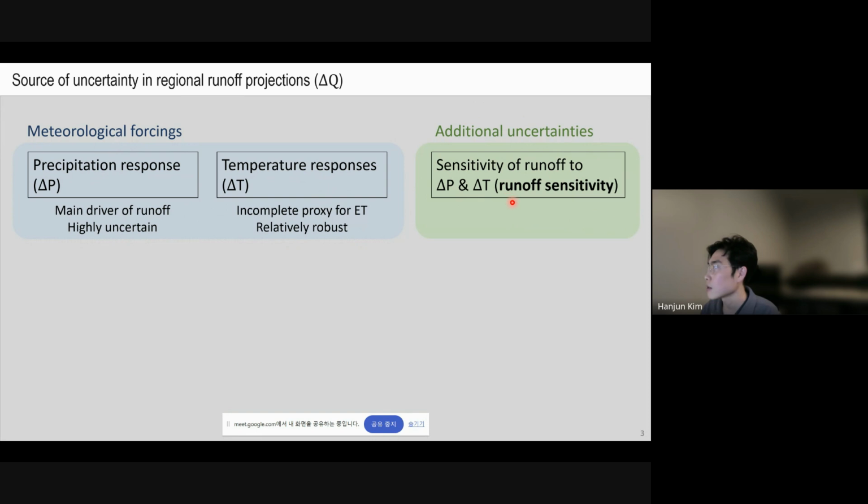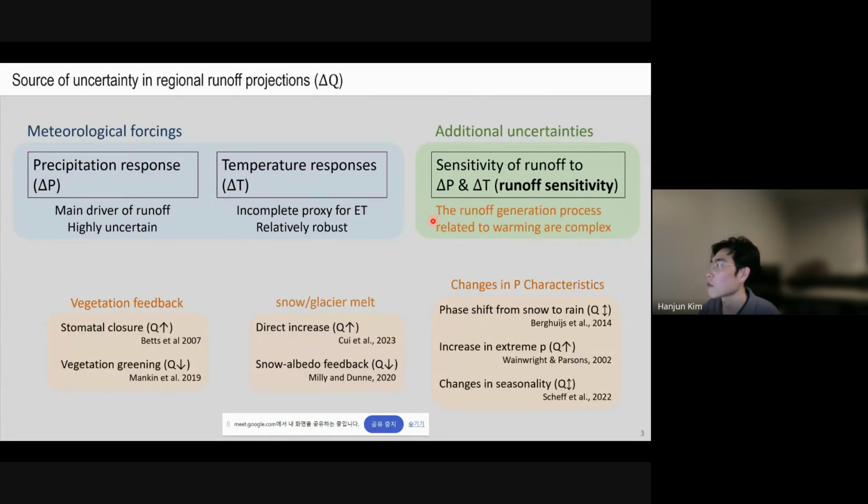We think the uncertainty in this runoff sensitivity would be related to the fact that the runoff generation processes regarding the warming are complex. For example, since warming occurs with CO2 increases, there are complex vegetation feedbacks. Stomatal closure can lead to enhancement of runoff, but at the same time, vegetation greening can lead to a decrease in the runoff.